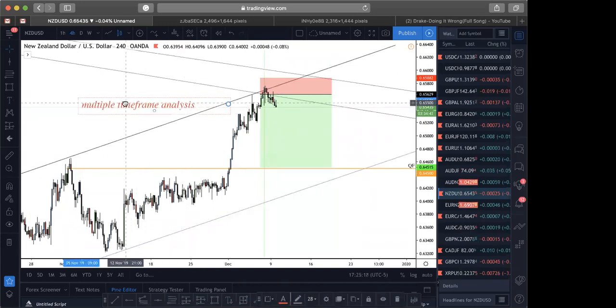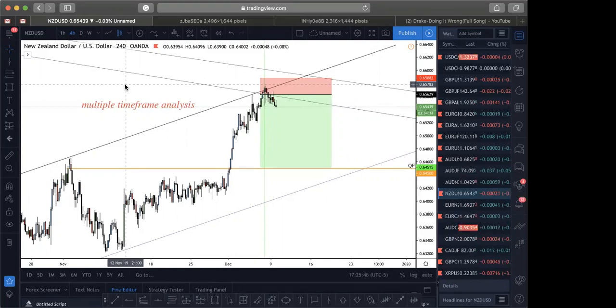One of the most important confluences when trading. With this confluence, basically, you want to know what the market is doing on every time frame, because some time frames have a bigger influence on the market, and you also want to know what phase the market is in on every time frame, right?